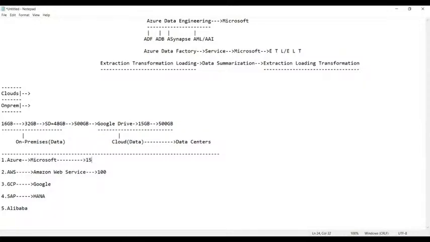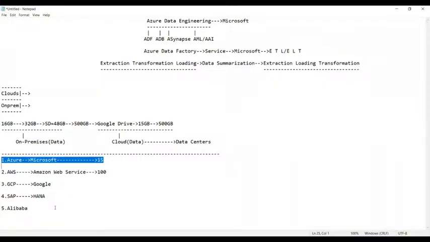So Azure is a very economical service, providing a much cheaper service compared with Amazon. Hence the number one product available in the market in cloud technology is Azure, from Microsoft. Getting my point?